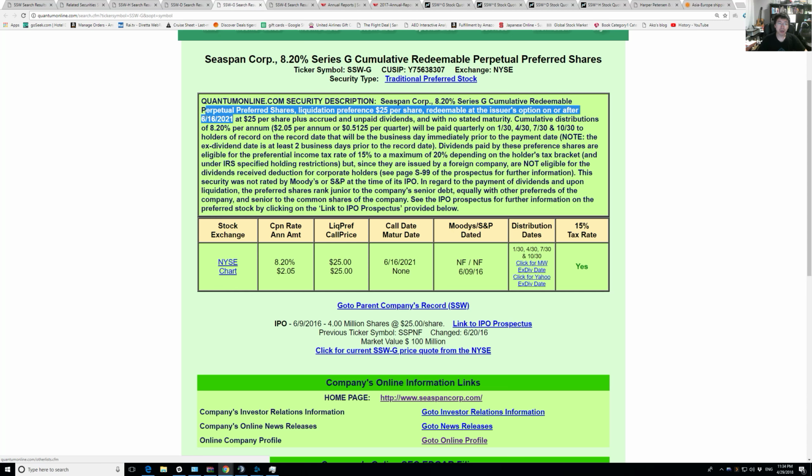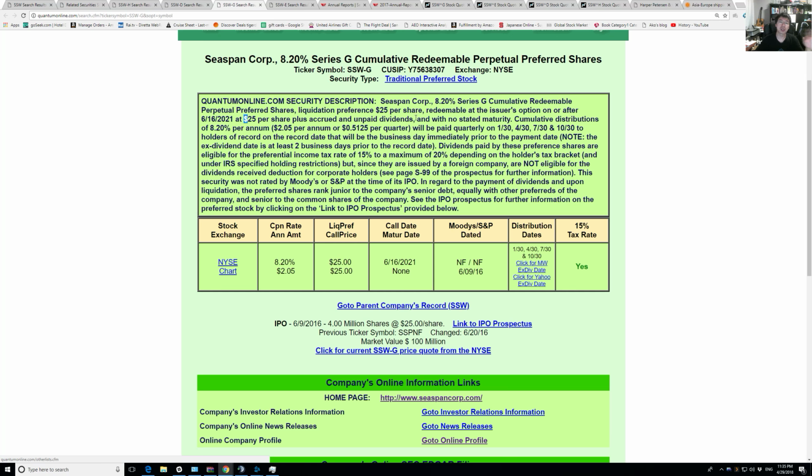After this date, after 2021, the issuer, i.e. Seaspan, has the option, so they can, but they don't have to. They can redeem these shares for $25, plus obviously the unpaid dividend, because if you redeem just at the day of the ex-dividend date, or 30 or 50 days after that, obviously it's different.